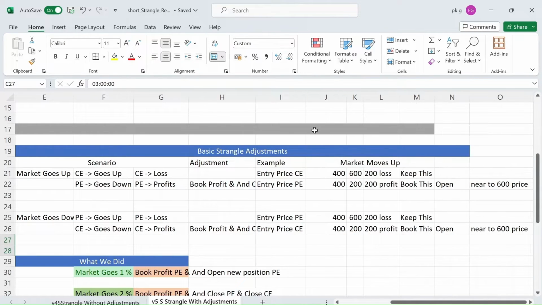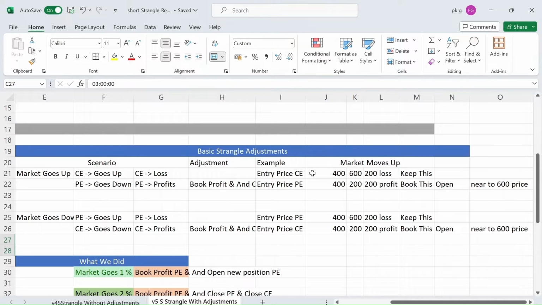Let's say we have entered C and P at the prices of 400 and 400 each. Of course this is just an example. Of course real-time numbers don't look this rounded. I just want to make the example easier.